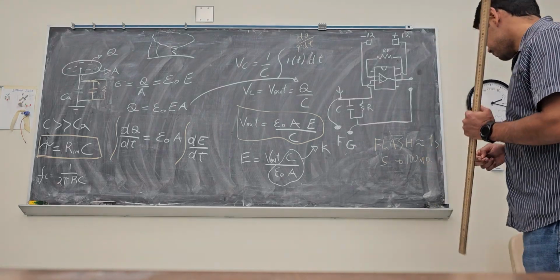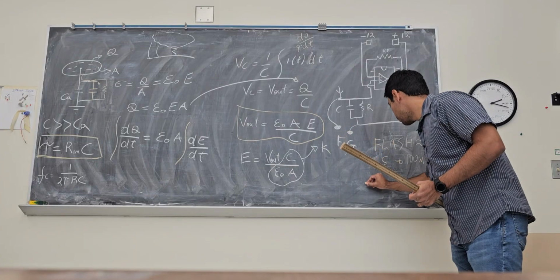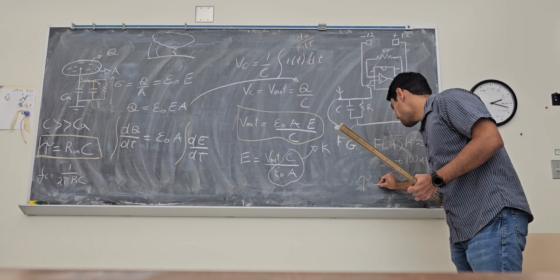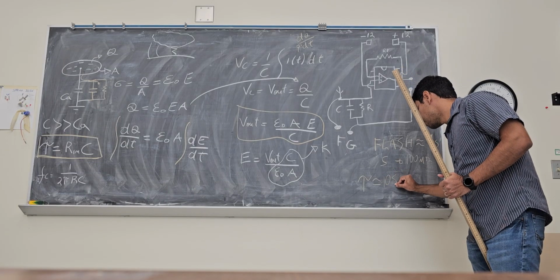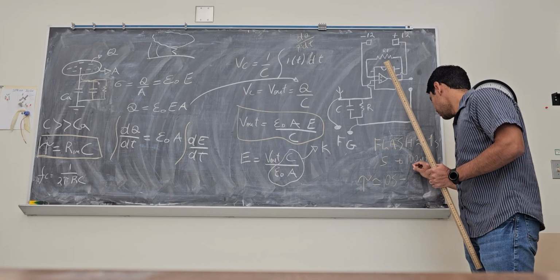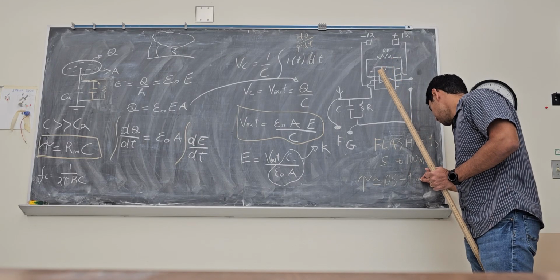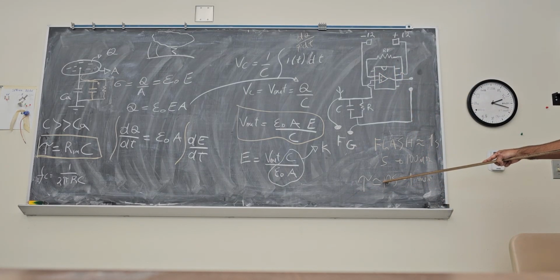If I want to design an electric field measurement system to measure the electric field from a flash, the decay time constant for my system must be about, let's say, 10 seconds or, I don't know, 1 minute probably. So that decay time constant is much greater than the total duration of my flash.